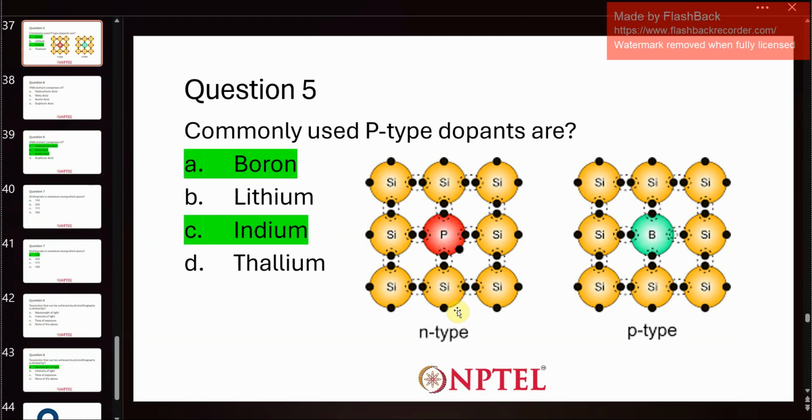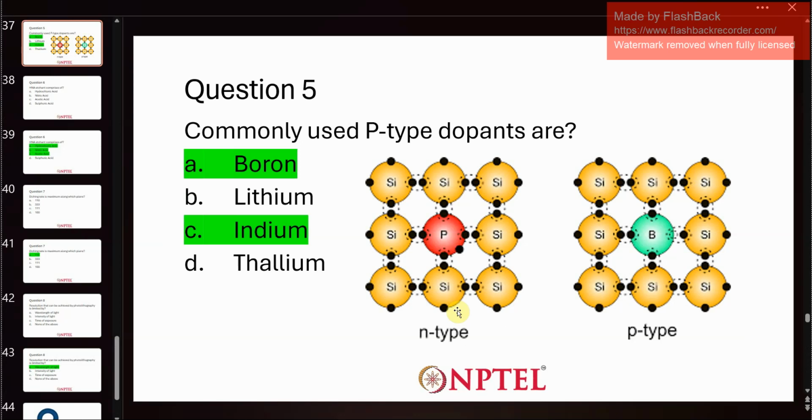You have to remember that N type is for electrons and P type is for holes as the charge carrier. N type materials have 5 electrons in their outermost orbit, whereas P type have 3 electrons, basically because there will be holes, right?